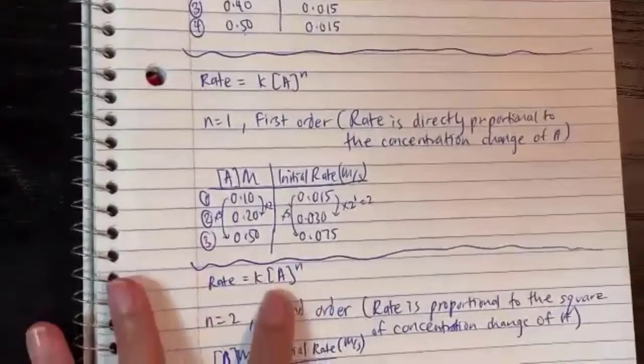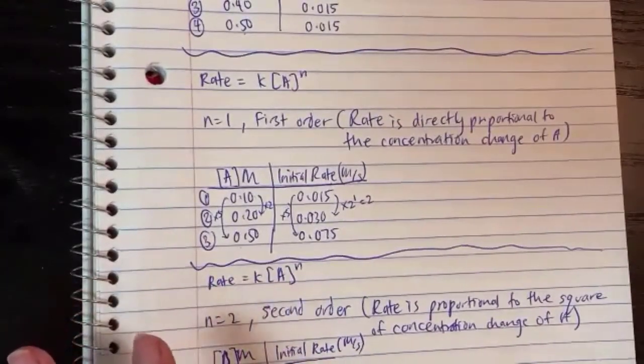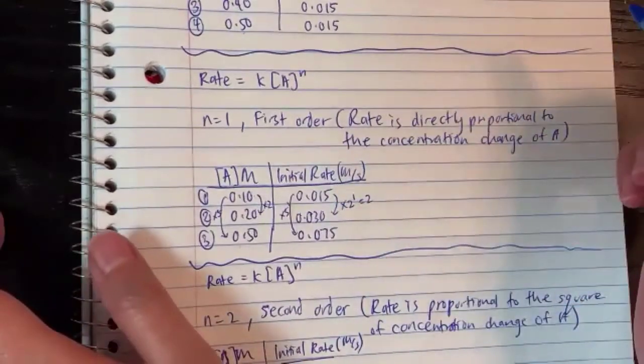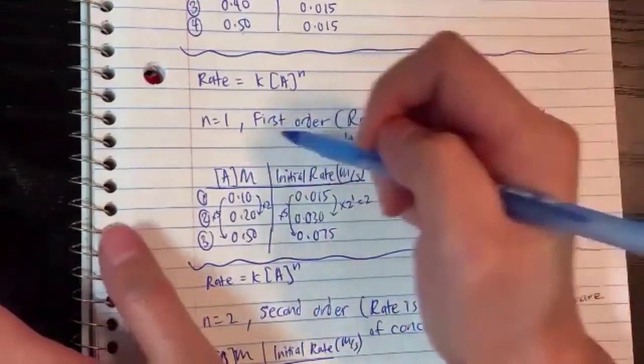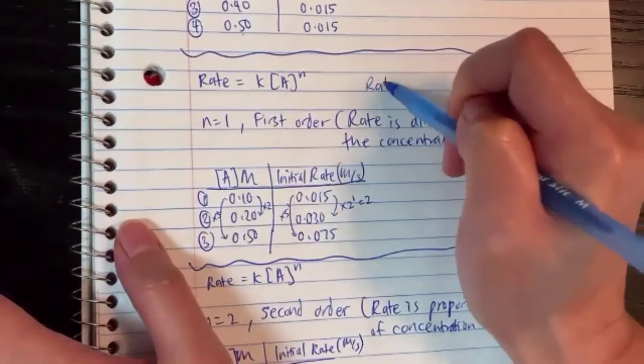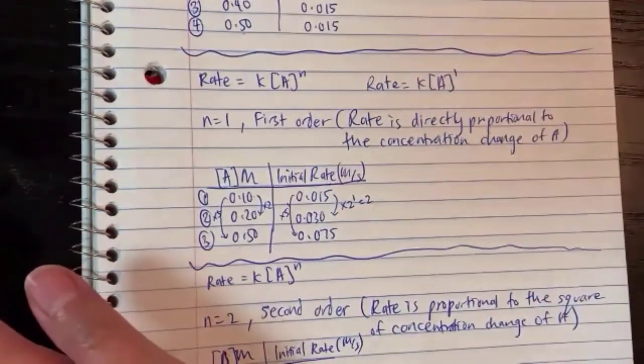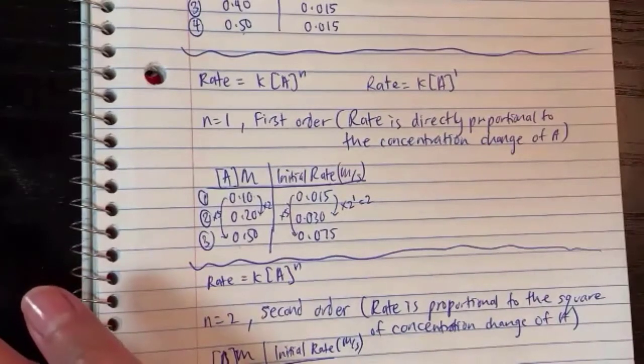Now, first order is directly proportional to the concentration change. So that means it's anything to the power of 1. When we write it, I'll add it here: rate equals k, A to the power of 1. A to the power of 1 means k times A, right?